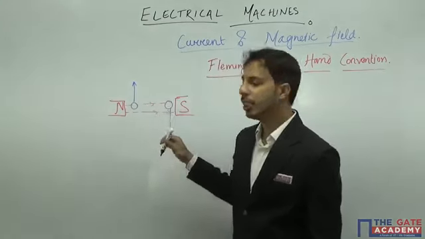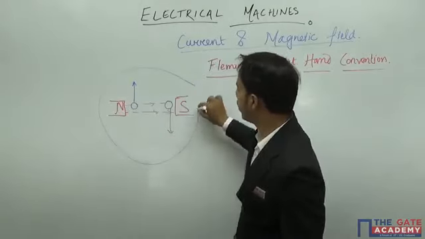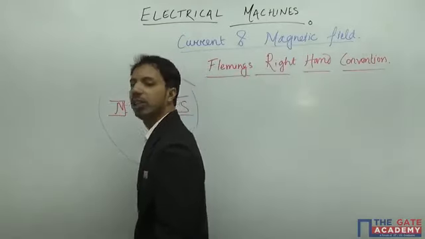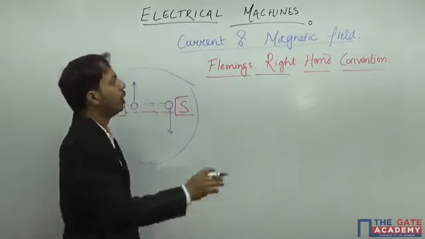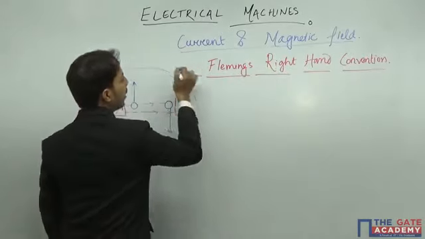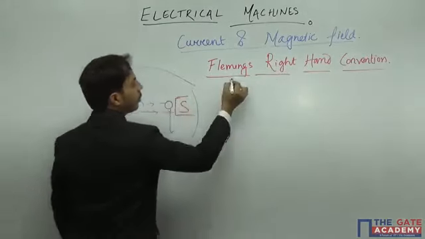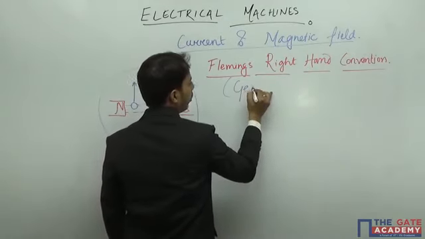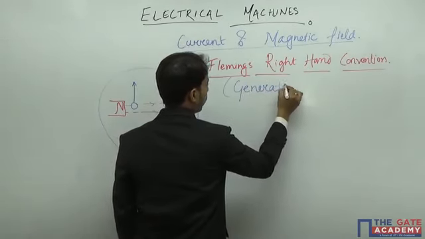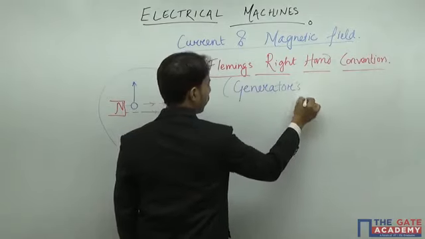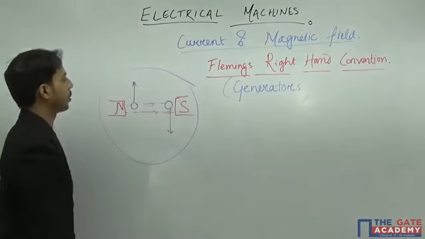Now this phenomenon is nothing but the phenomenon of generators. So we use this Fleming's right hand rule for generators, which you can note down.